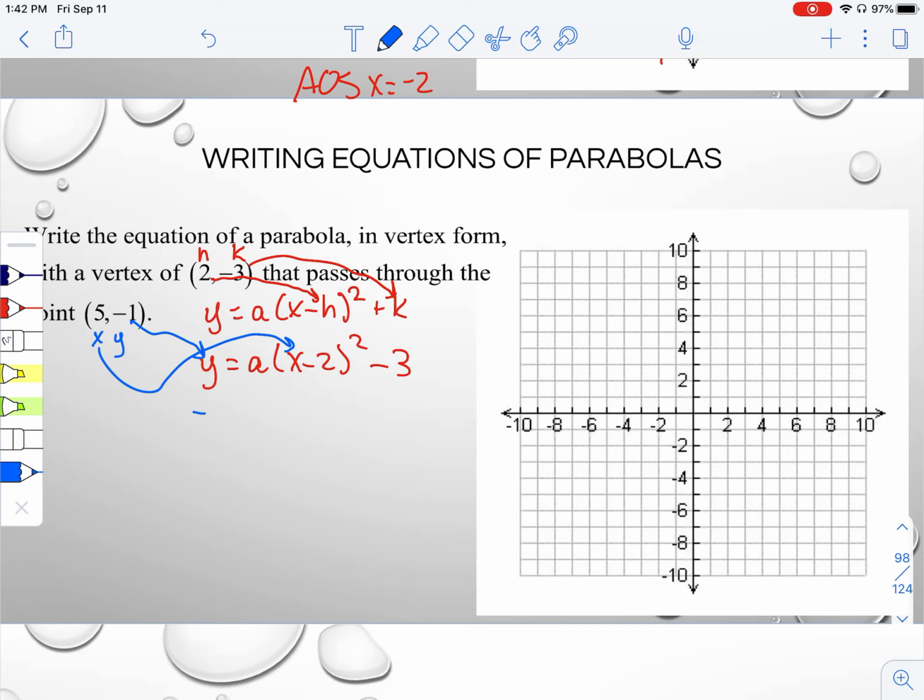All right, so let's finish this thing off. So negative 1 equals a times quantity 5 minus 2 squared minus 3. All we do is solve for a. Okay, so it becomes order of operations.